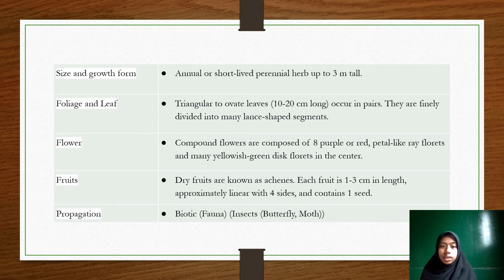The flower is a compound flower, composite of purple or red petal-like ray florets and many yellowish green disc florets in the center. The fruit is a dry fruit. Propagation is biotic, fauna, and insects such as butterflies and more.